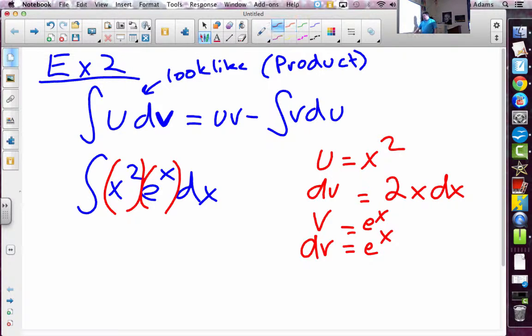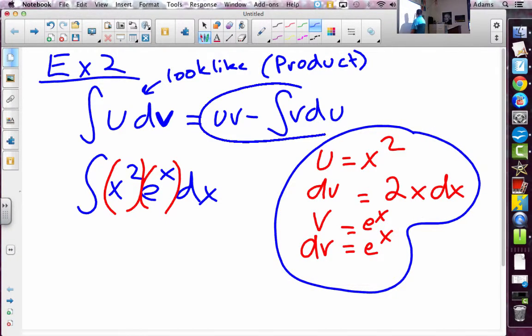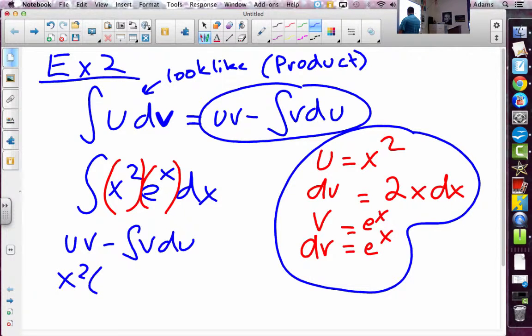So now what I've done is, by integrating by parts, I can solve this by just plugging these values into this formula here. Okay? And so my antiderivative of this is just going to be uv minus the integral of v du. So u, which is x squared, times v, which is e to the x, minus the antiderivative of e to the x times 2x dx.